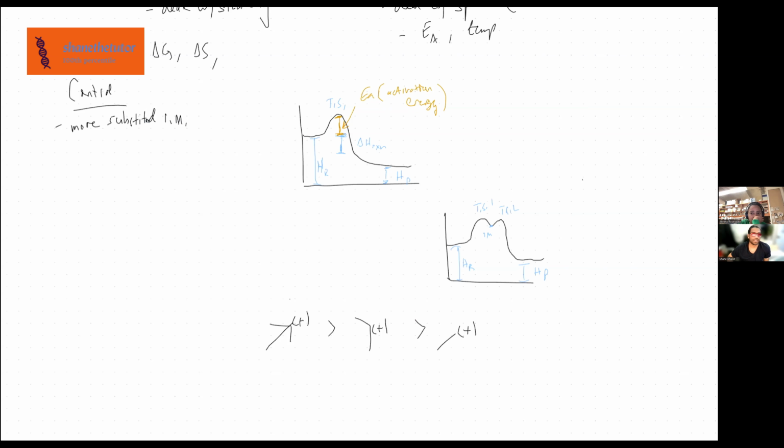So thermodynamic control you'll see happen with more substituents, and you'll have more negative delta G. And it's preferred at high temperature and a strong, small base.